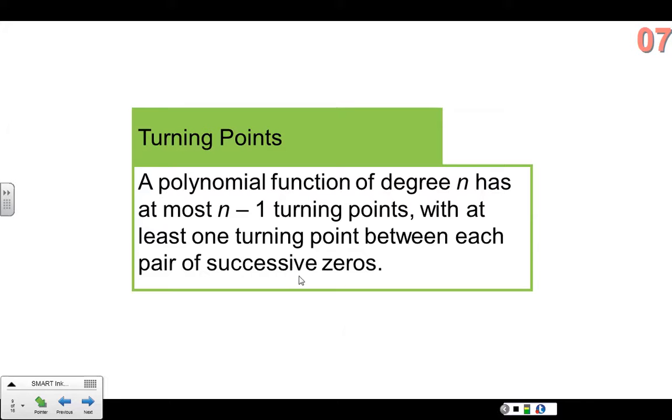As you go across the x-axis, you should have at least one turning point between each pair of zeros that you have. So let's say you have a function of degree 3, a cubic equation. You're going to have at most no more than 2 turning points in your function.